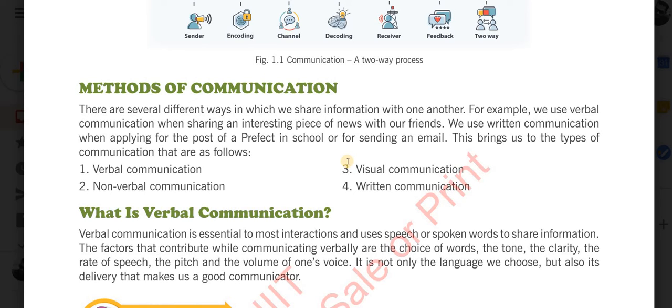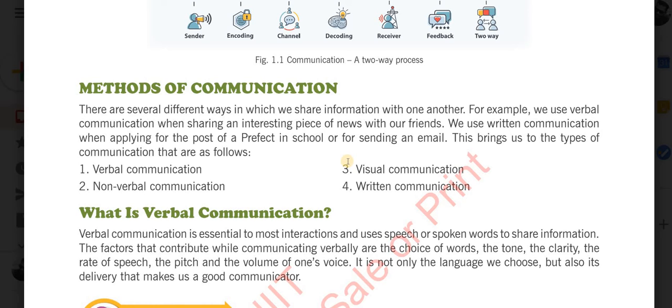In these online classes we are also creating visual communication. I'm showing you something, you can see it, and through that visual thing we can communicate with each other.